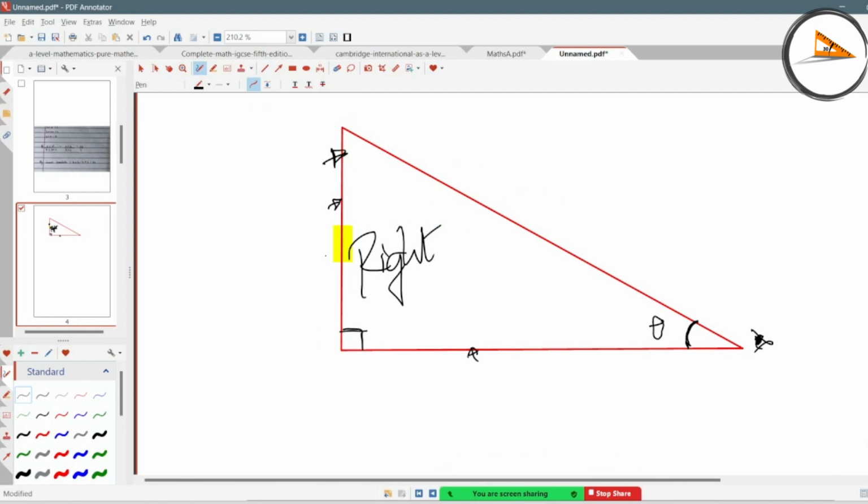If we name the other parts of this triangle, the opposite side of this acute angle, we call it opposite. The adjacent side of this acute angle, we call it adjacent. And the opposite side of the 90 degree angle, we call it the hypotenuse.